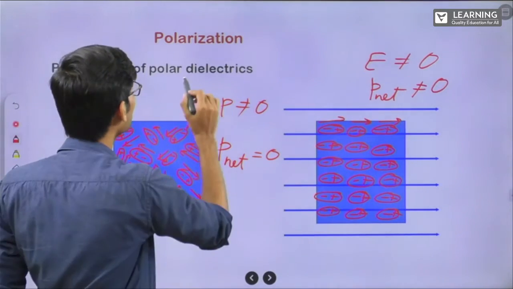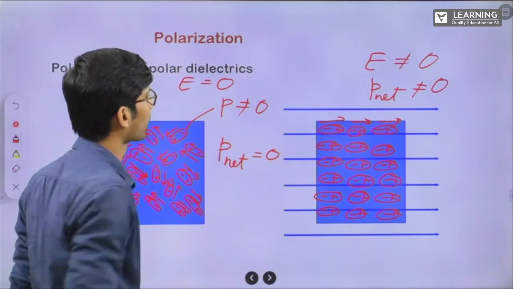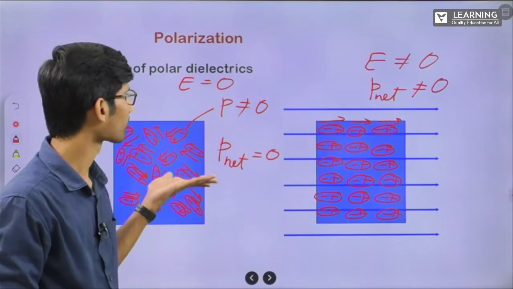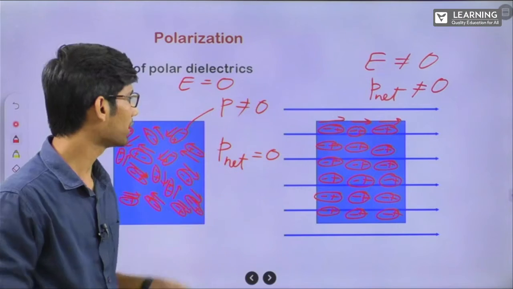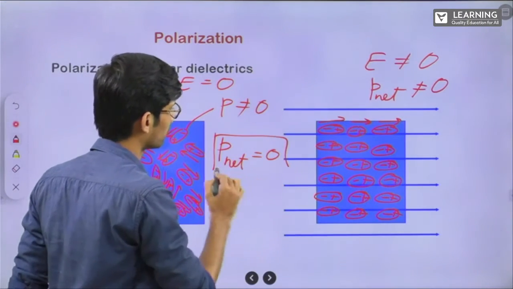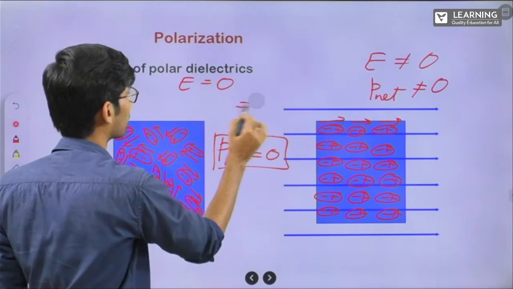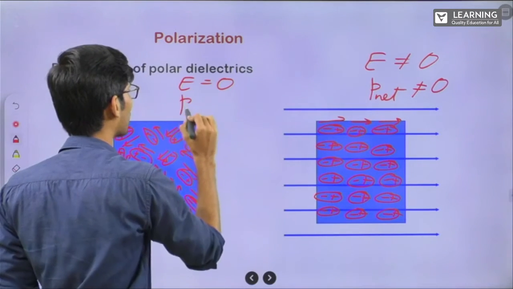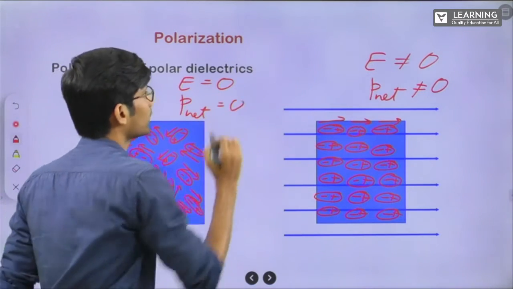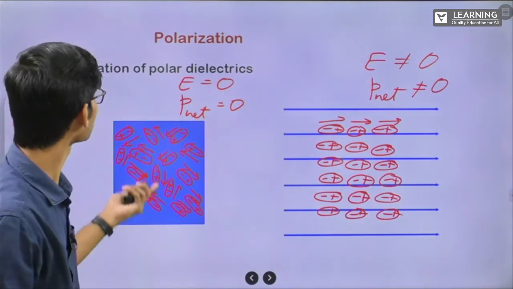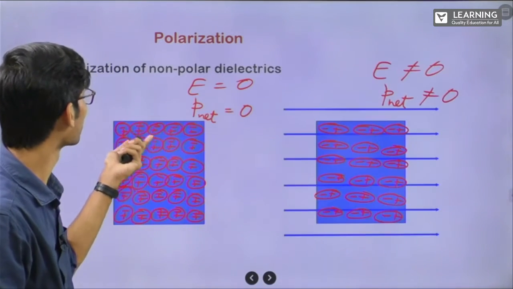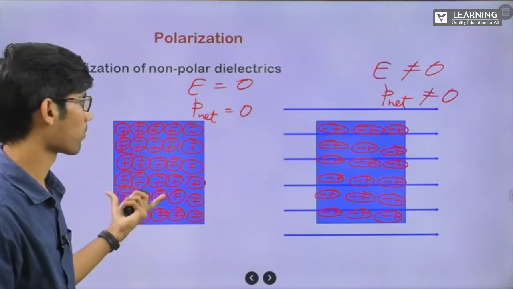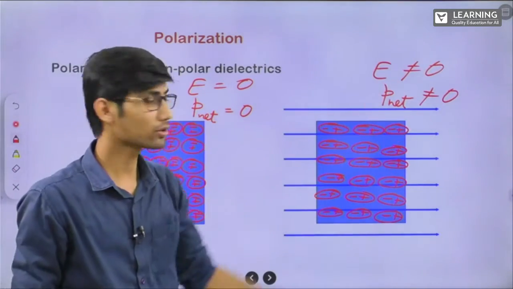Here E is zero. Fine. P net is also zero. Now see the thing here, when it was non-polar, E 0, P net 0, E not 0, P net not 0.